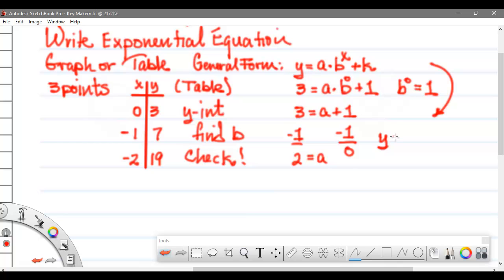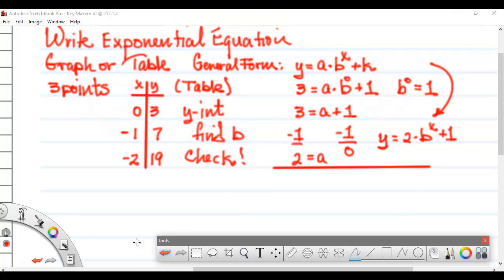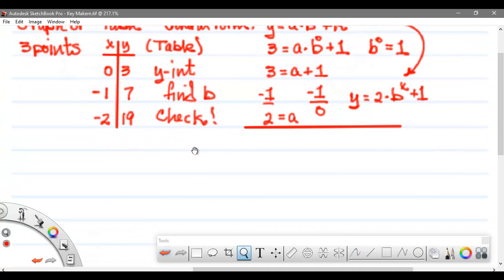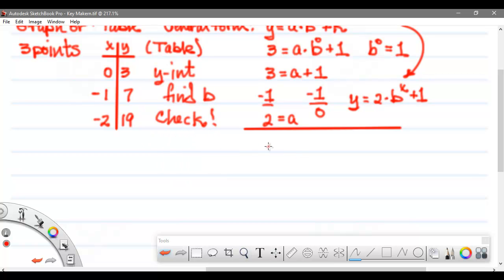Now I'm going to rewrite that general form again using the new value I have for a. So y equals 2 times b raised to the x power plus the line of asymptote value, which is k, and we found that to be 1. Now all we have to do next is find b. And you can see the point that I have for b. I have (-1, 7).